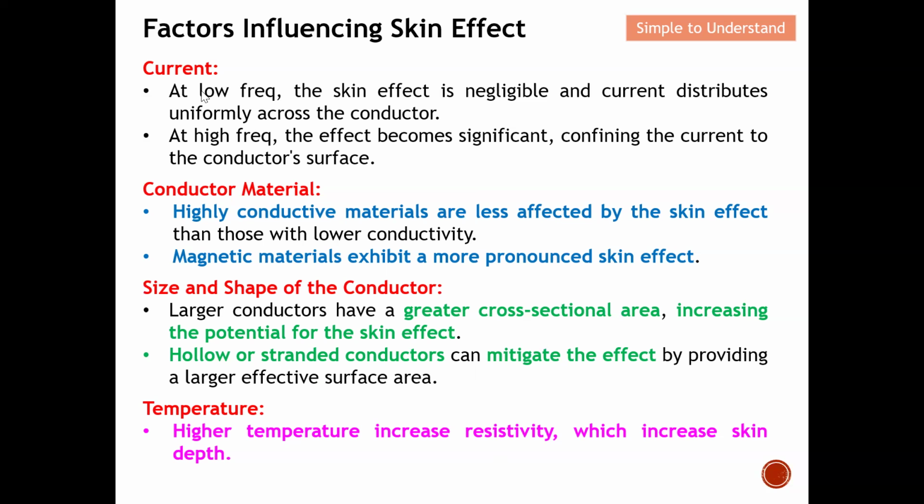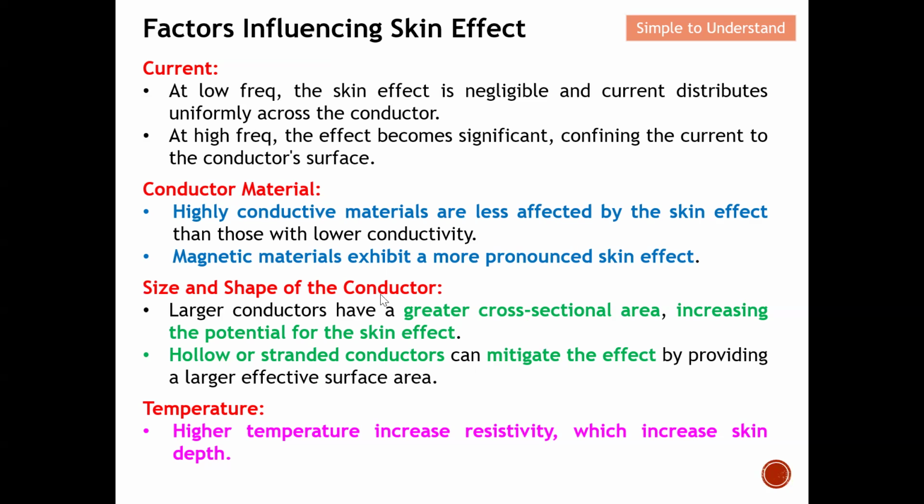Current, as I explained earlier, flows differently on the wire at low and high frequency. Coming to the conductor, it affects the R value, so we want to keep R as small as possible so that we have small losses rather than big losses.